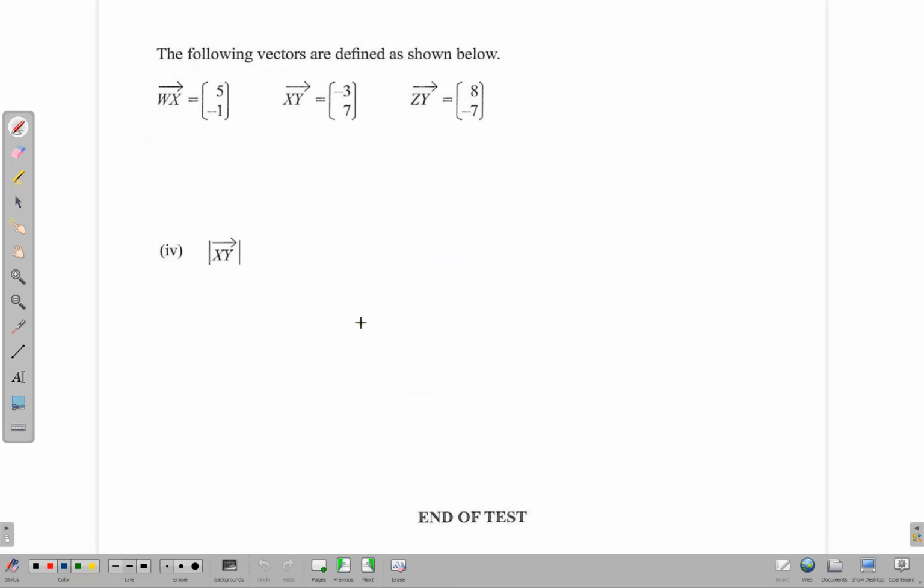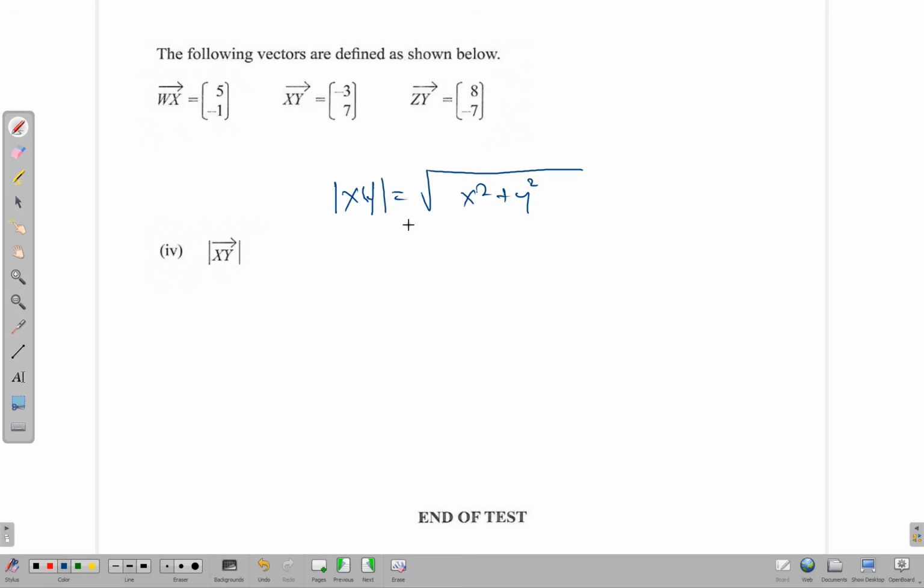Then we are at the last part. We are asked to find the length of xy. Now when you see these two lines in vectors, what they mean is that you should find the length. And the length of the vector xy is given as the square root of x squared plus y squared, which is just Pythagoras' theorem.